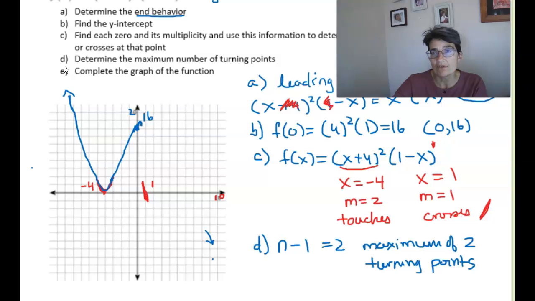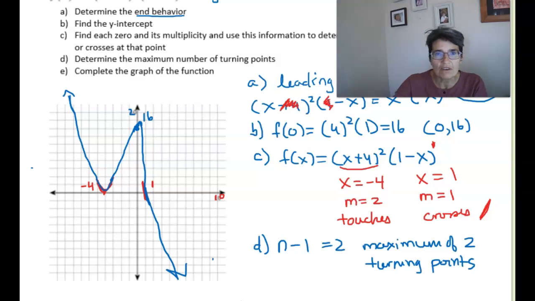This we don't know how to find. You need calculus for this. You don't really know where the turning point is. But it is going to come really sharply and cross through x equals 1 and then go down towards infinity. So you're going to try to construct this function given those pieces of information.